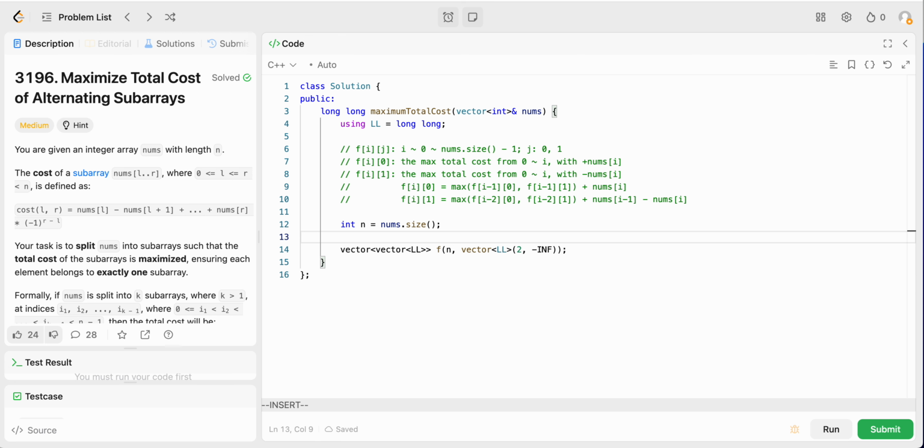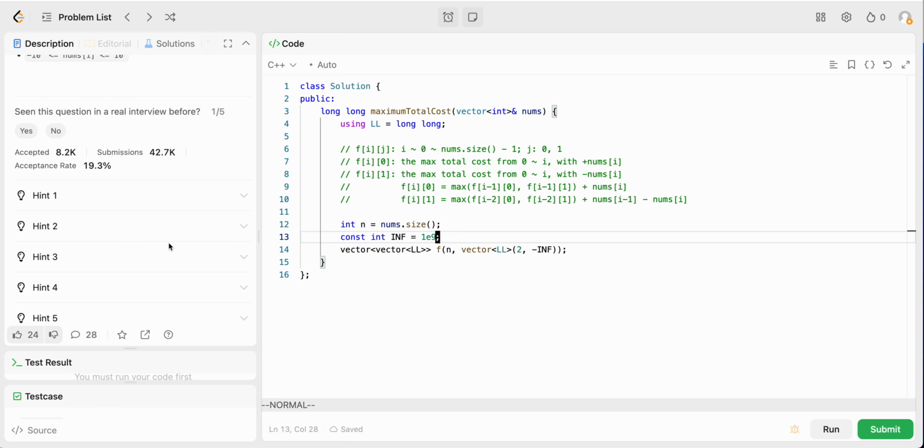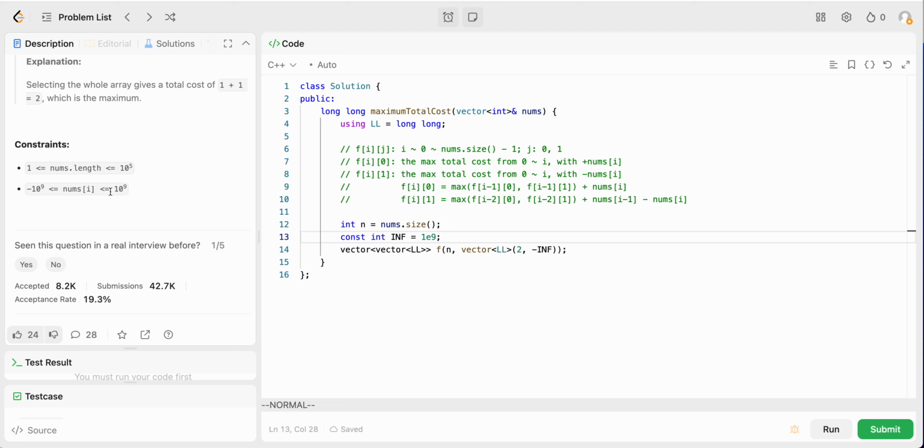Maybe we can define this as 1e9? Oh no, I think we cannot define it as just 1e9. There will be some issue, because each number is up to 1e9 and we have up to 1e5 numbers, so 9 plus 5 is 14.